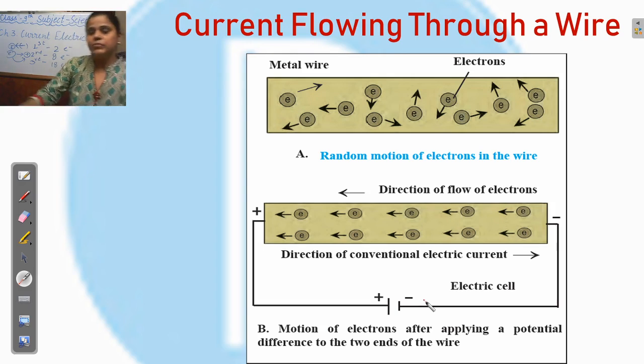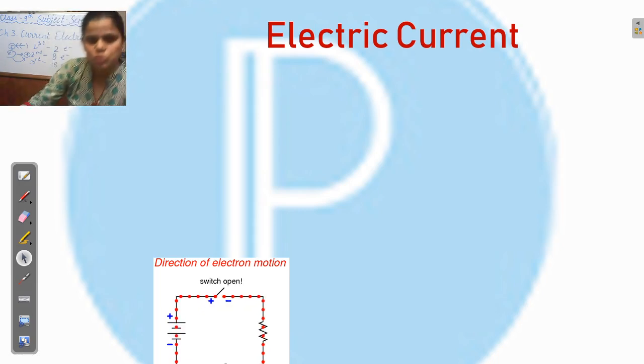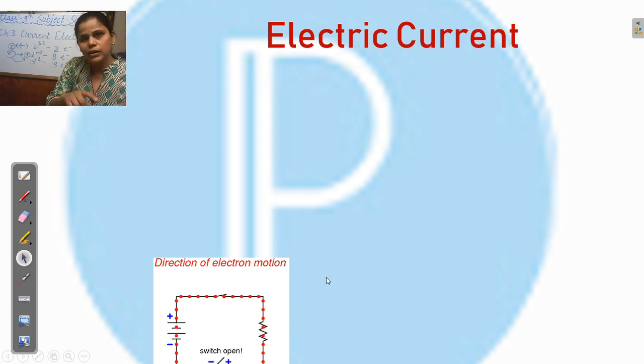It's clear? Then we will see what the electric current is. Just observe this picture. If we connect the cell through the conducting wire, then the motion of the electrons is as shown in this picture. Just observe. When the switch is off, the motion stops.